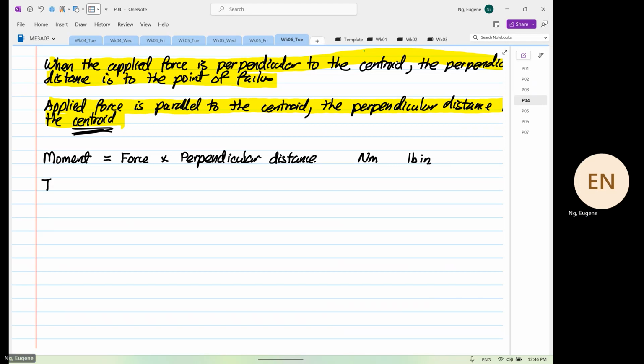Now, what is a torque? Force times what? What is the unit?